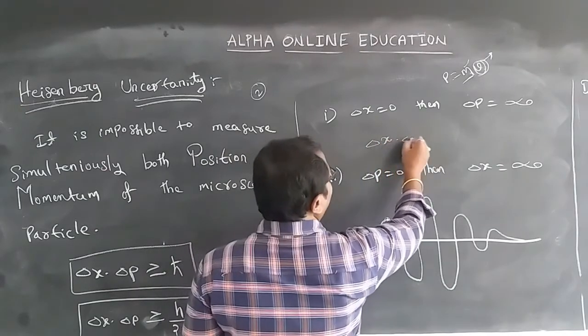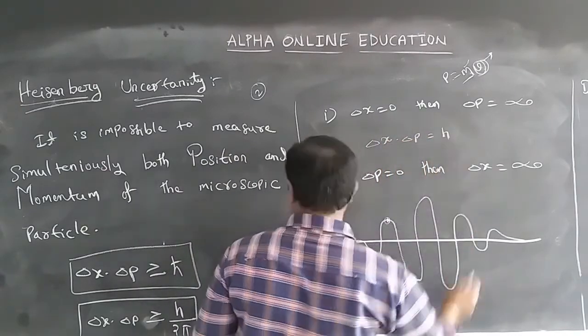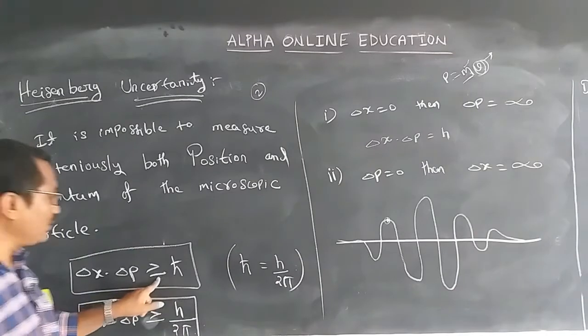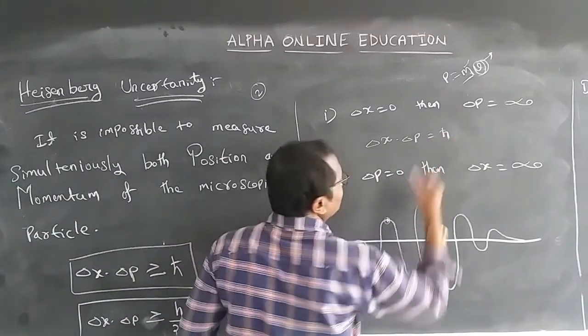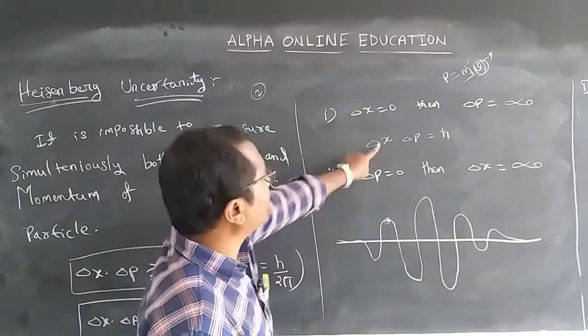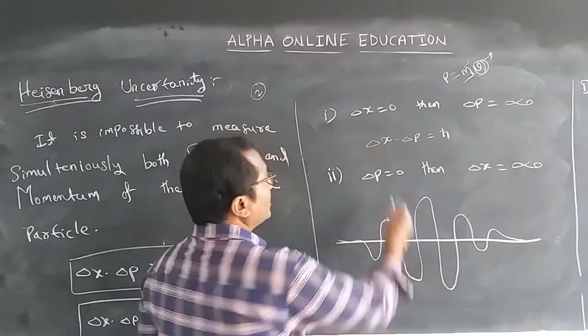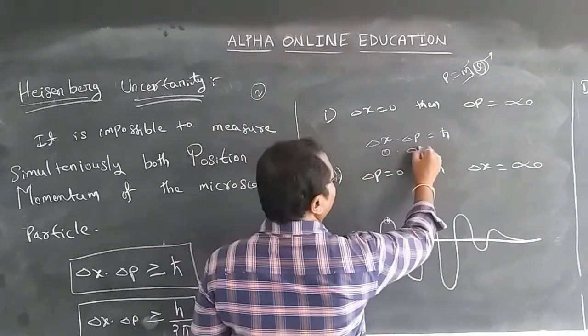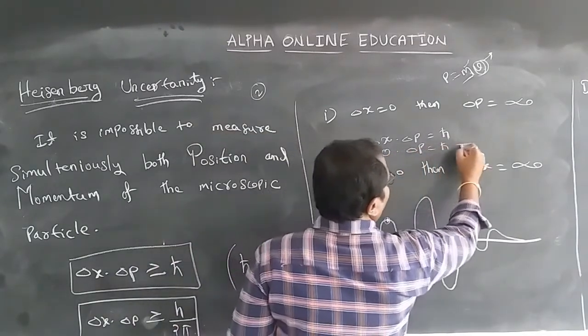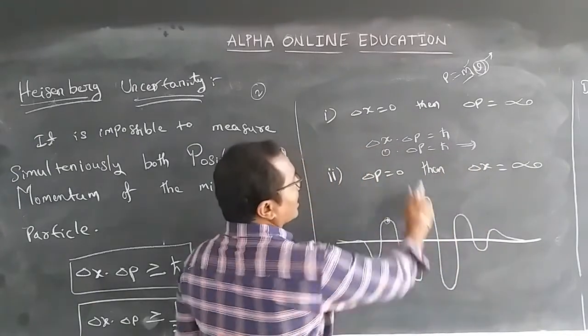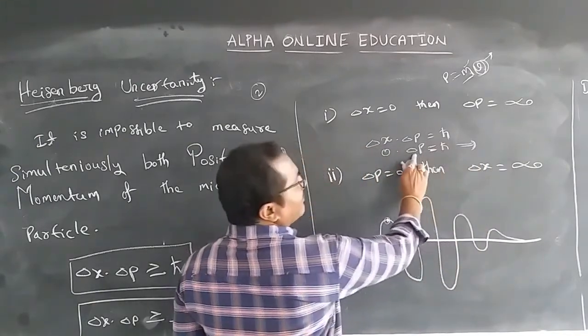Yeah, now we will take a look at this. This is the value of delta x into delta p is equal to h cut. I am taking this value with the equal case only. Delta x becomes 0, right? So I am taking 0 into delta p is equal to h cut. Now we need the value of delta p itself.